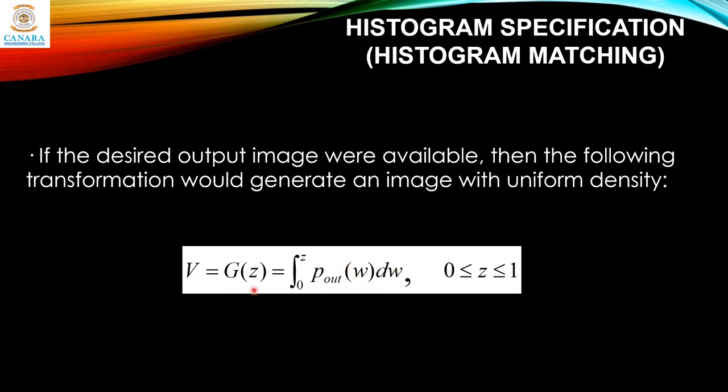V is equal to G of Z, which is equal to the integral of P out of W dW, with integral limits from 0 to Z. The value of Z varies from 0 to 1, the normalized range. Let us call this equation 2.